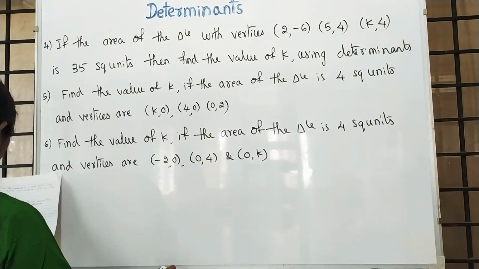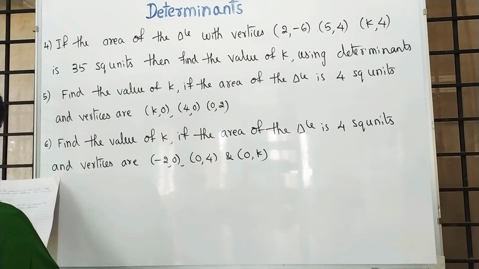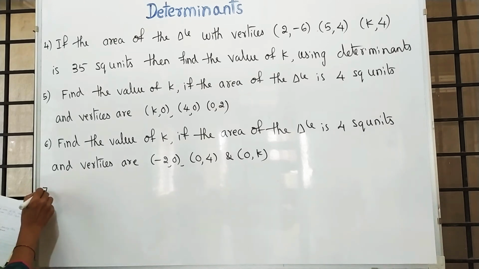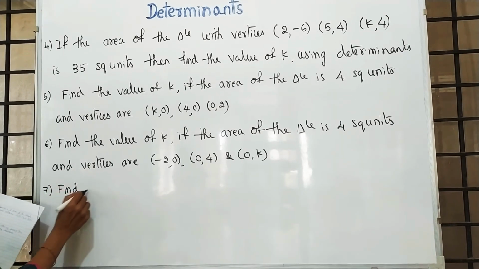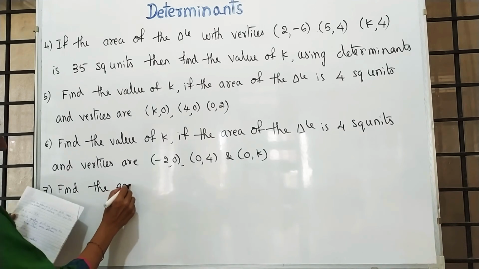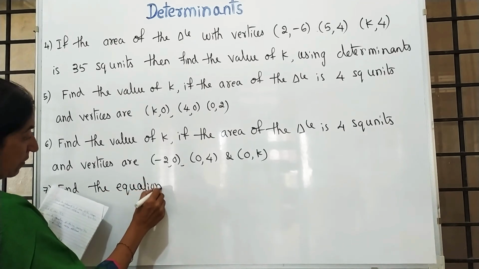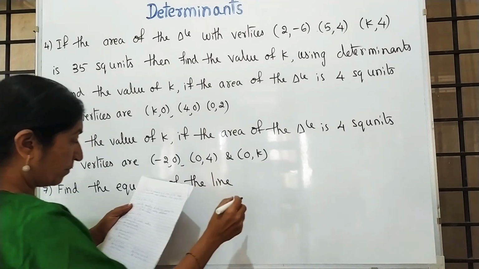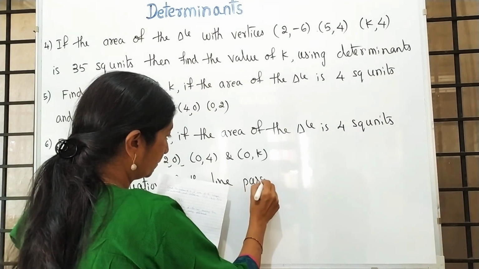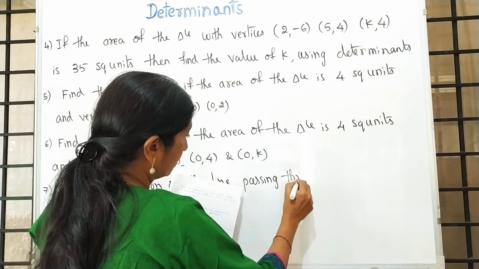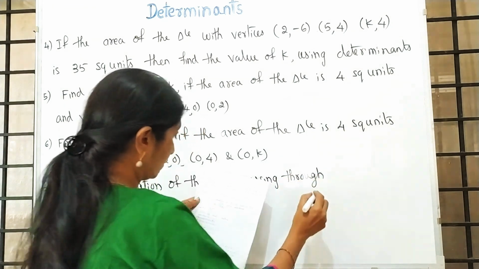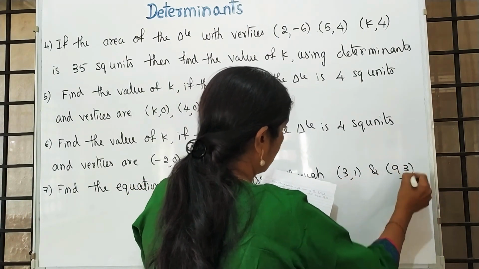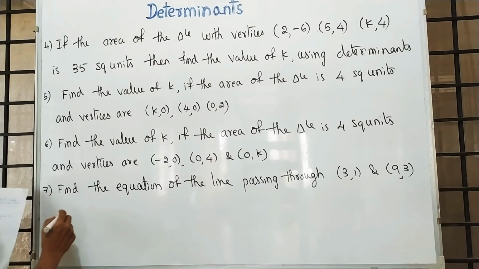Next question, question number 7, that is find the equation of the line passing through (3, 1) and (9, 3) using determinants.